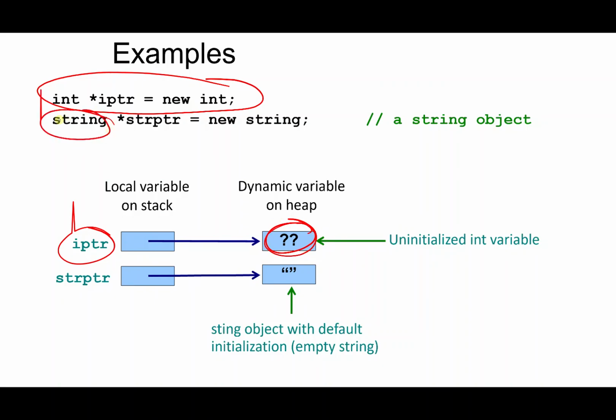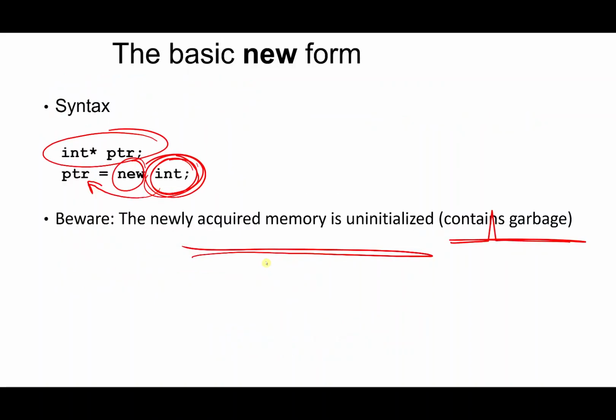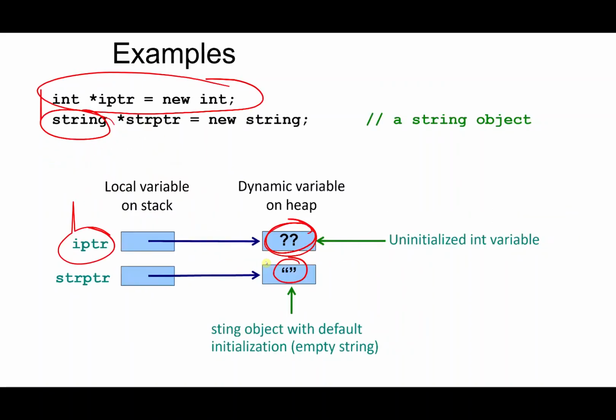But if used with a string, the string object with the default initialization is going to give you an empty string, which is just two opening and closing double quotes, right? And this is your strpdr. This is for the uninitialized.